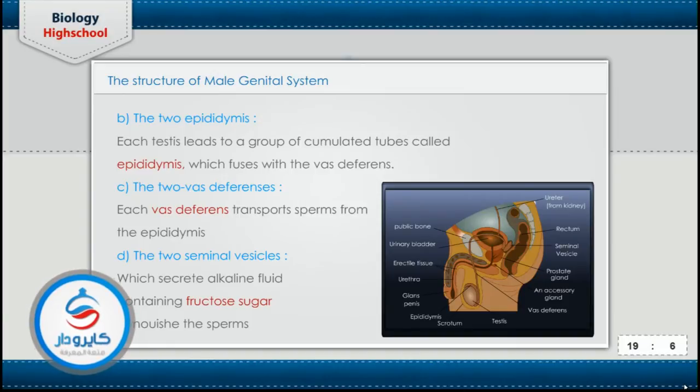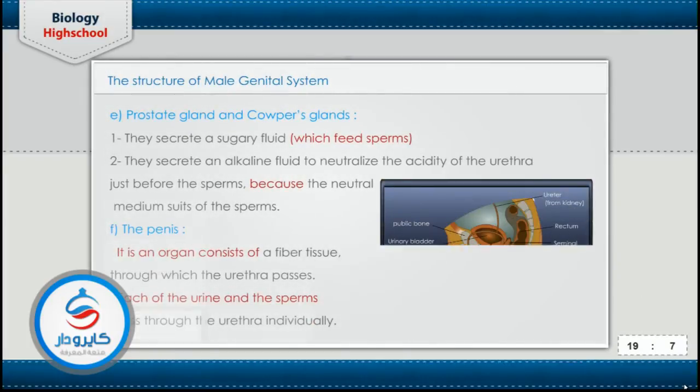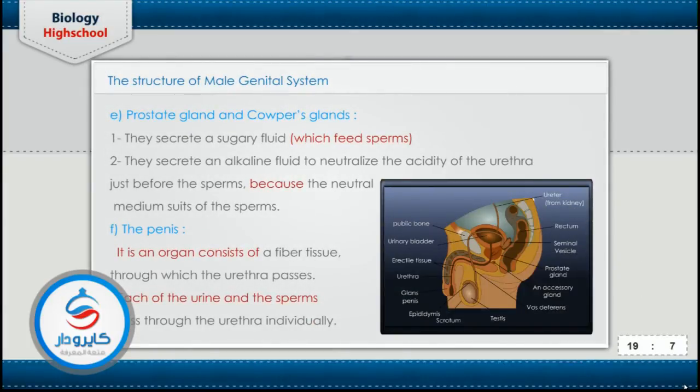The two seminal vesicles are responsible for the secretion of an alkaline substance to neutralize the acidic urinogenital duct, and also for the secretion of a nutritive substance containing fructose to feed the sperms. The prostate gland, Cooper's glands, and the seminal vesicles act as accessory glands.